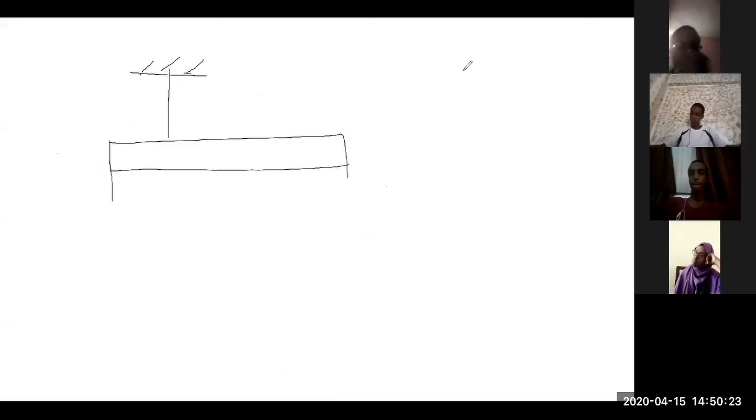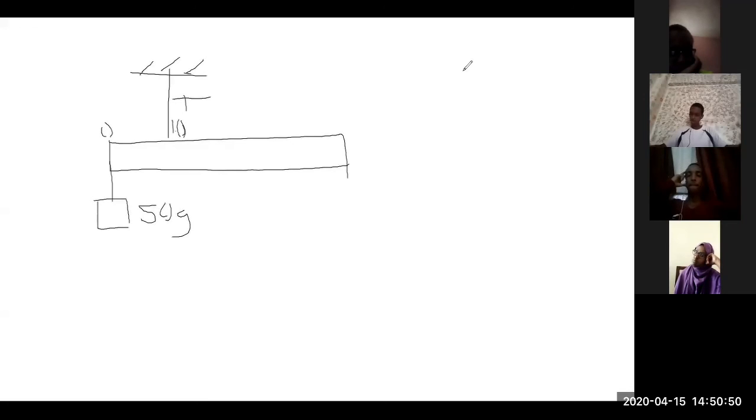So we have the string here, we have a meter rule there, and we have 50 grams hung at that point, at the 0 mark, and then at the 10 centimeter mark, we have the tension here.